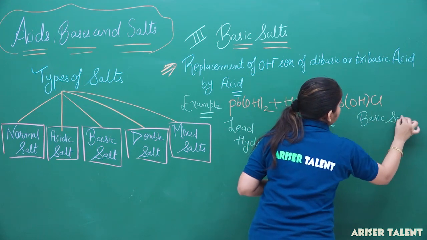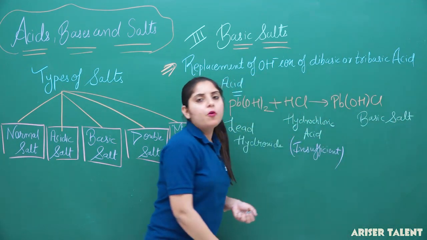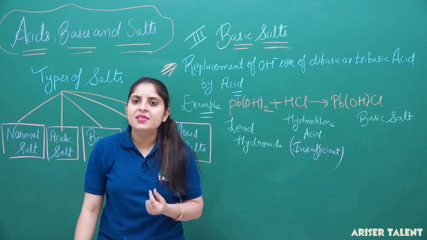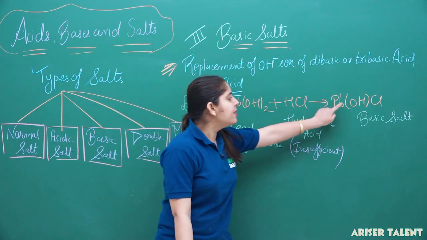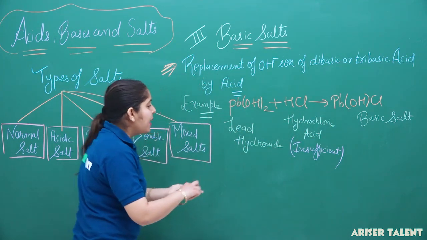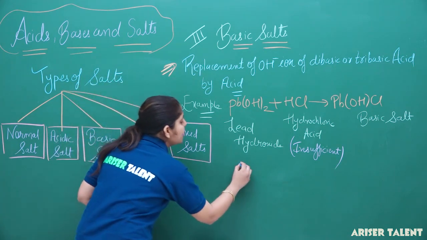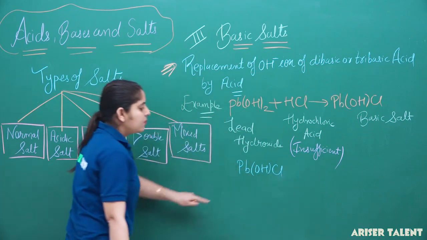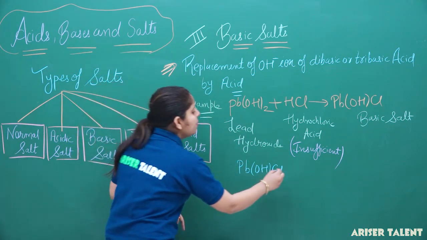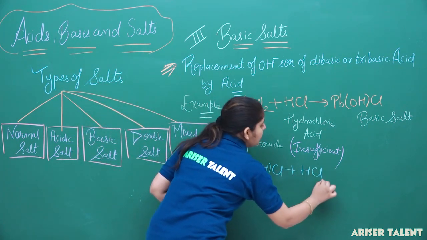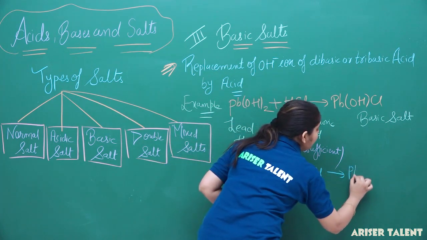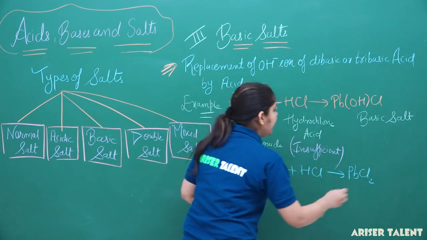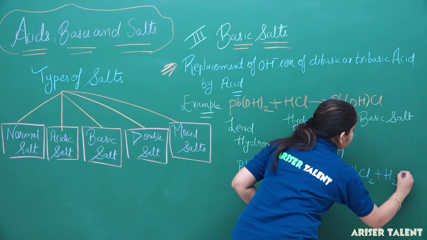So this is our basic salt. Now if we want to obtain the normal salt from the basic salt, we will react this basic salt again with HCl. So our next step of the reaction will be Pb(OH)Cl, that is our basic salt, reacting with HCl. And what we will get here is PbCl2 with the elimination of water.